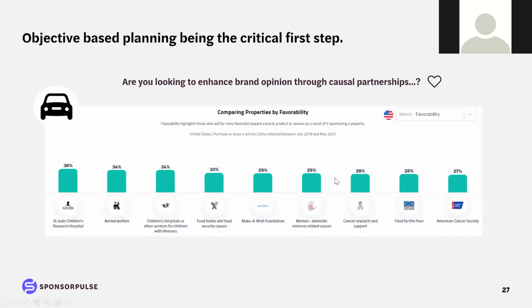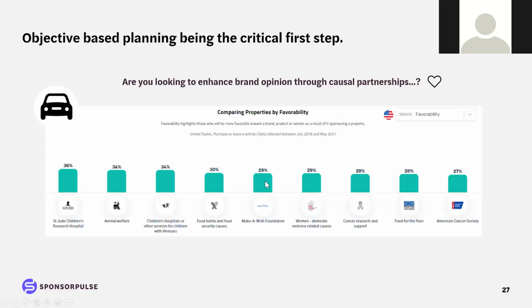But what if I'm that same car brand and it isn't about reach? It's about really enhancing that love for my brand, that brand opinion and brand enhancement. And I want to do that through a cause. So what we have available is the ability to just click on causes, and then the hundreds of causes will come out, and to click on and show me which ones are going to best drive brand love or brand favorability. Okay. And here again, you see a list, and some of these might be intuitive and others might not be.